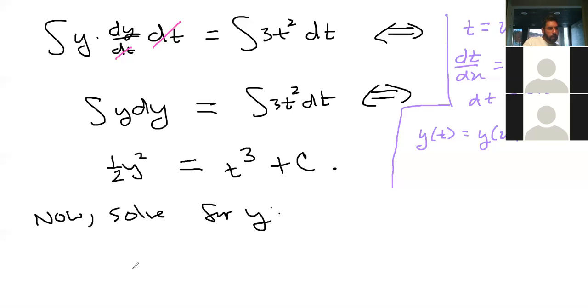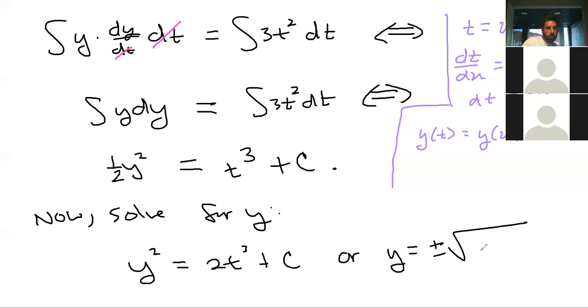Because y squared at least is 2t cubed plus c, or y, taking square roots, can be plus or minus the square root of this expression.